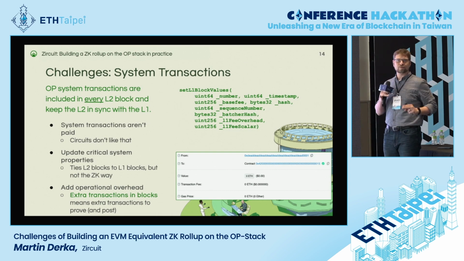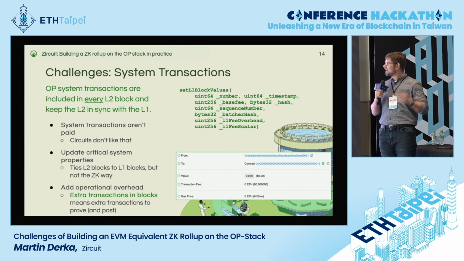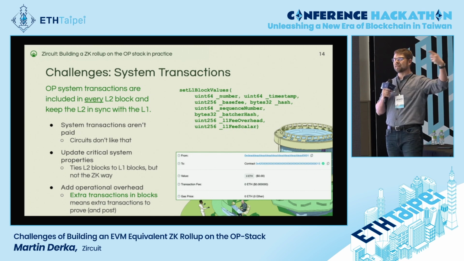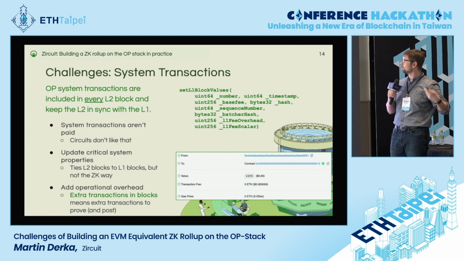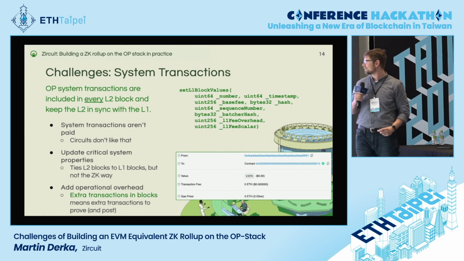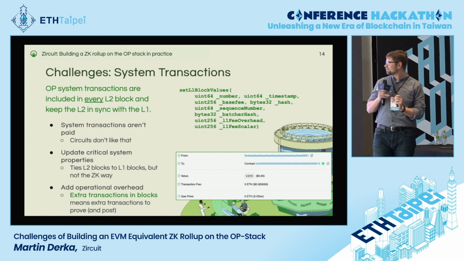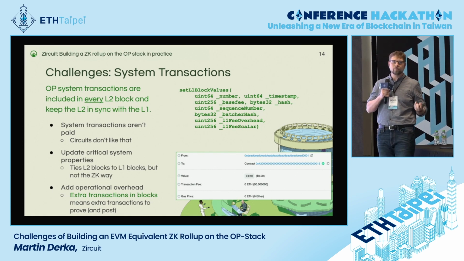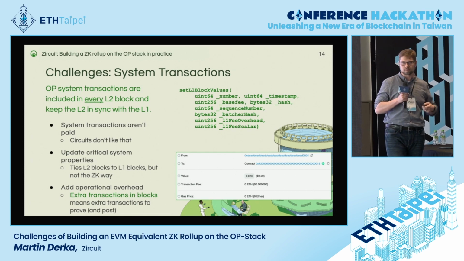It certainly moves much faster than these values change because L1 moves slower, right? So you are repeatedly recording the same values over and over into a smart contract. On top of that, you're not paying for it, right? I already mentioned that several times. But on top of that, these are transactions. So you actually need to generate some of those zero-knowledge proofs for that.